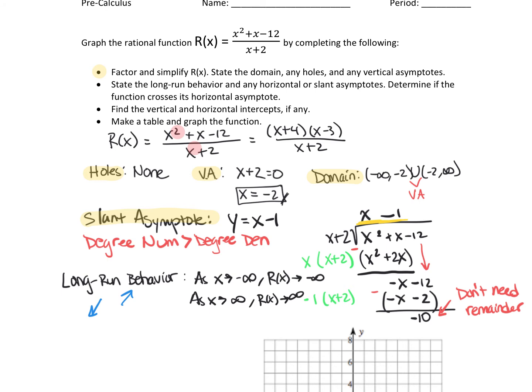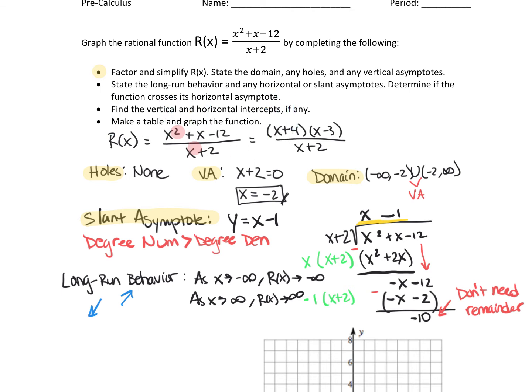So it ultimately looks something like this. I know that kind of ran into my work for my polynomial long division, but whatever we have for the long-run behavior of our slant asymptote, that is what it's going to be for our long-run behavior overall for the function. The last piece here that it wants us to find, we found our slant asymptote, we found the long-run behavior. Now we need to determine if the function crosses its horizontal asymptote.